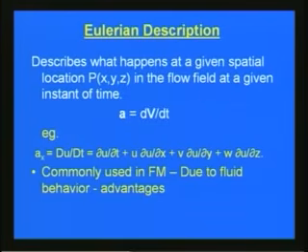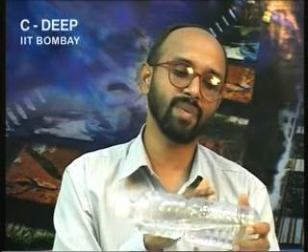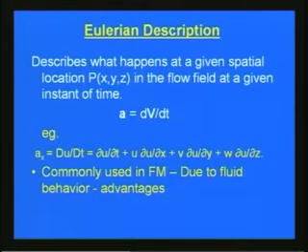For example, if you consider fluid flow in a bottle, or in a pipe flow, we consider a particular section with respect to x, y, z dimensions, and then what is happening for various fluid particles at that particular section with respect to time. So the acceleration can be written as a equal to the total derivative dV by dt.